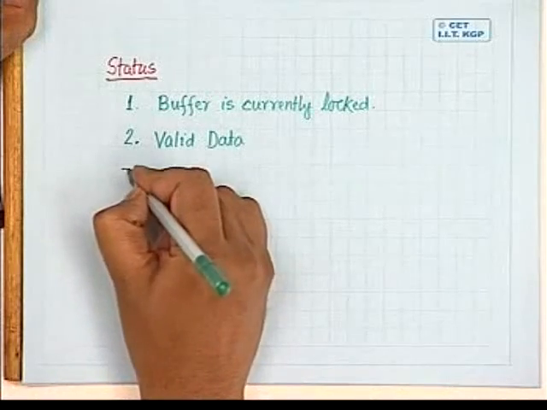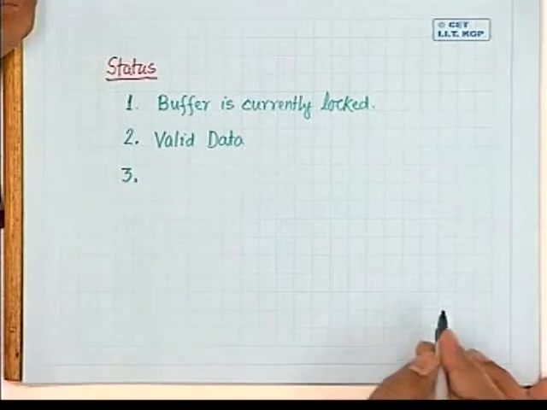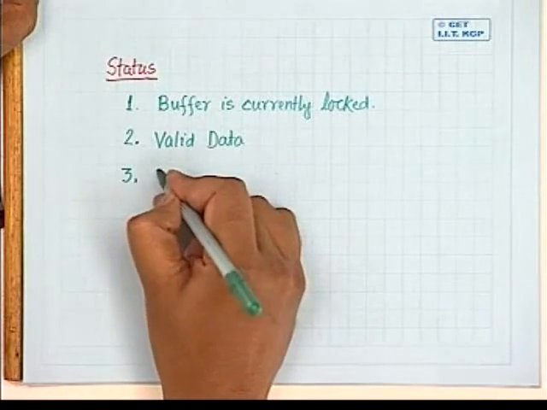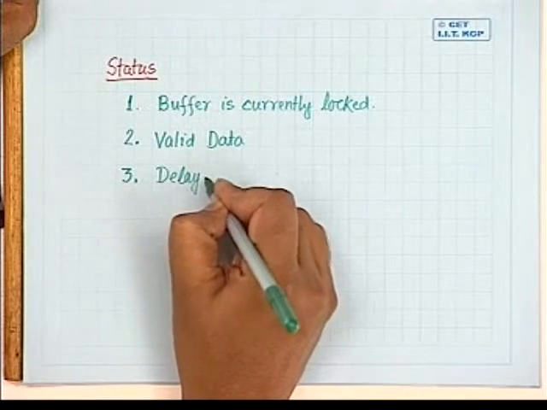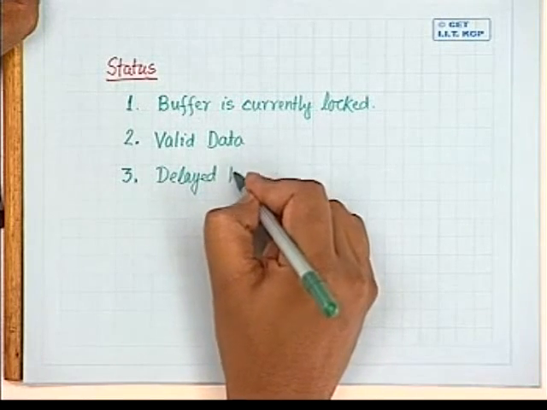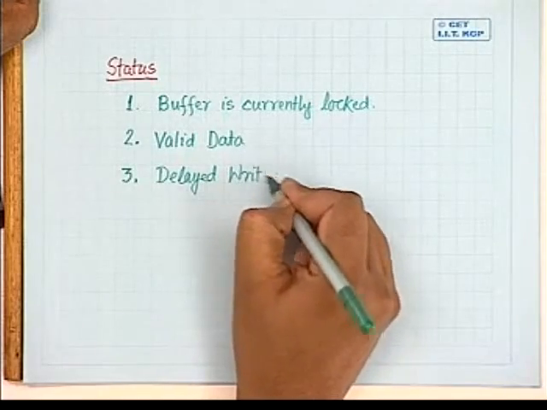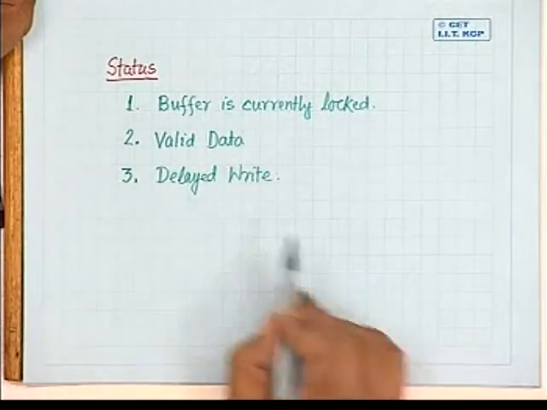The third information that can be contained in the status field is what is called delayed write. What is this delayed write? We have said that our purpose of maintaining the buffer is to reduce the frequency of disk access.